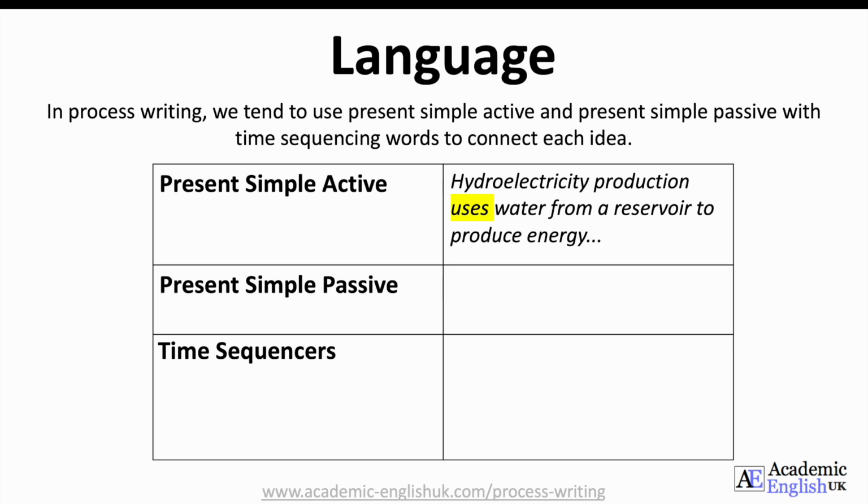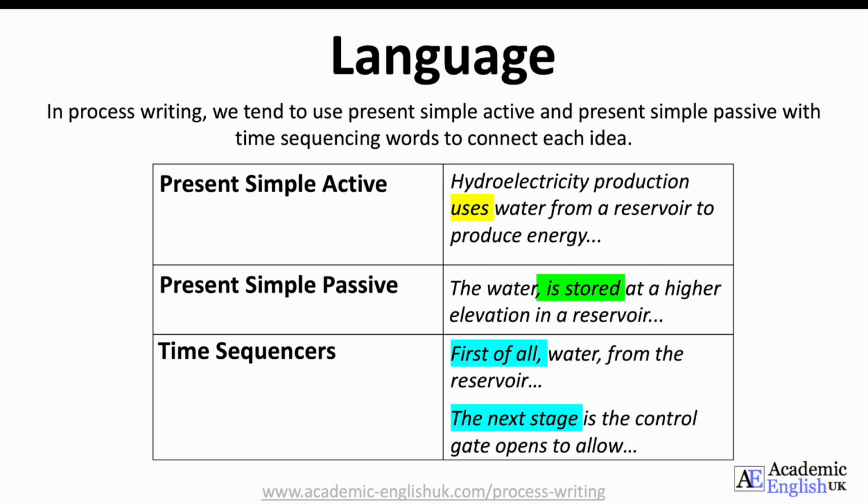Examples for the present simple passive: the water is stored at a higher elevation in a reservoir. And then for time sequences: first of all, water from the reservoir, or the next stage is the control gate opens to allow.